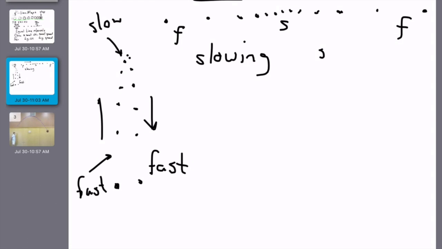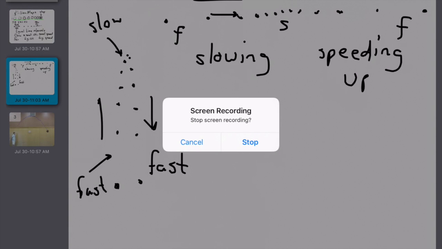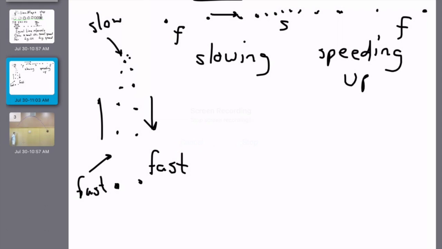Slowing down, speeding up. Okay? Oh, and by the way, we can draw, since that would be the displacement for that interval, that would be the displacement for that interval, and so forth. These actually are also very similar to the velocities, so those arrows kind of indicate what the velocities would be.